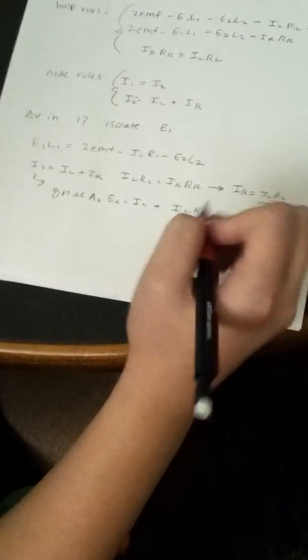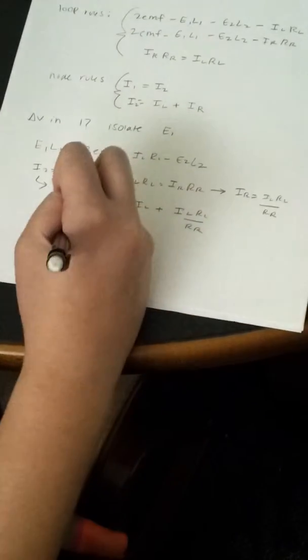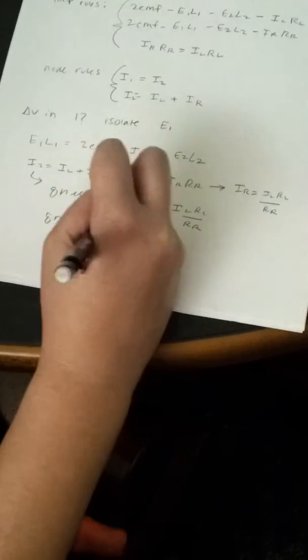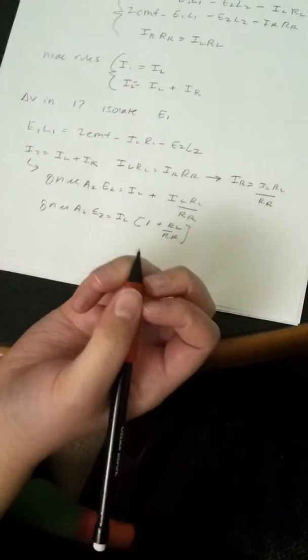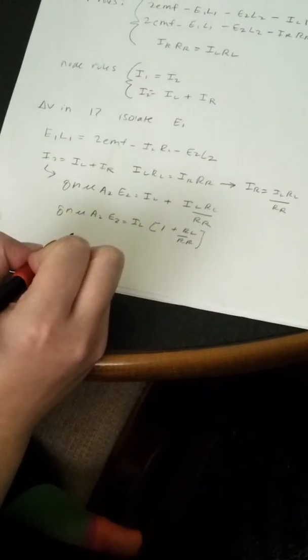Then we're going to pull out the IL just to make it look a little bit better and easier to work with. And getting IL by itself, we have this term.